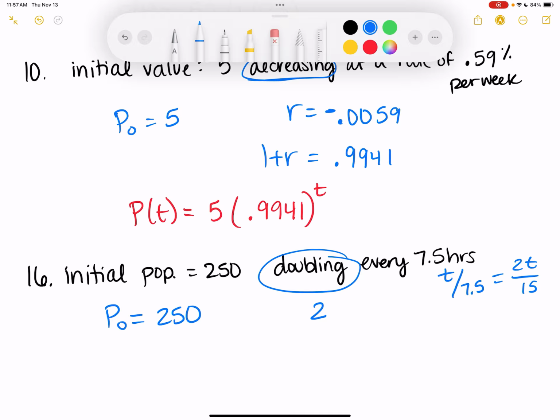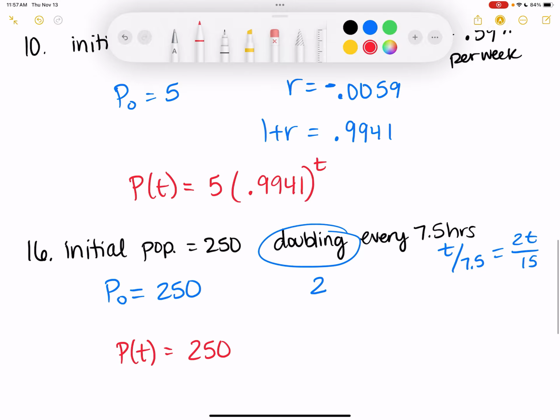Now, I usually stick to t's when I'm doing anything dealing with time. However, if you look in the book, a lot of their answers, they're going to convert it to an x. I don't really know why they do that, but your variable doesn't really matter. So I end up with P of t is equal to the initial 250, times 2 for the doubling, raised to either one of these fractions. The book's going to use the one that's like a normal looking fraction. So 2t over 15.